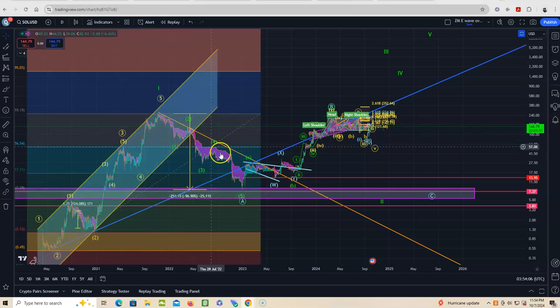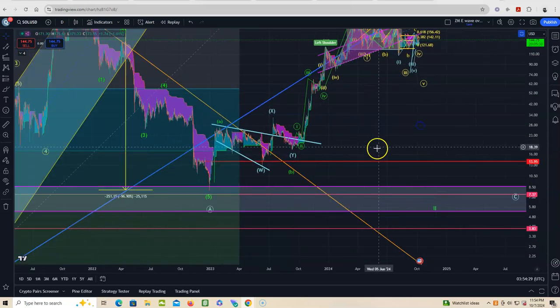So that leads me to believe this is an impulsive move down. And then from there we have a B, C wave up, where this A wave is impulsive. This B wave is a complex WX truncated Y.